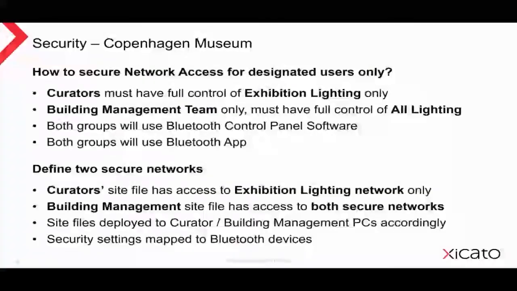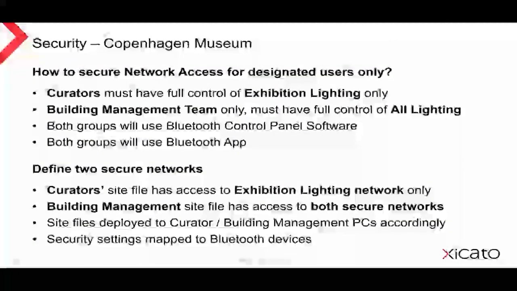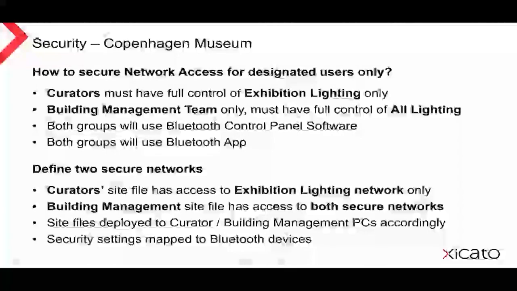The challenge here is to ensure that the access to the different lighting types is available only to those who warrant it. Curators require full control of exhibition lighting only, whilst the building management team requires full control of both exhibition and emergency lighting systems.